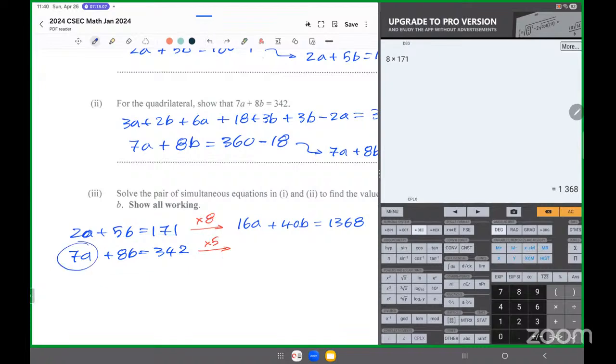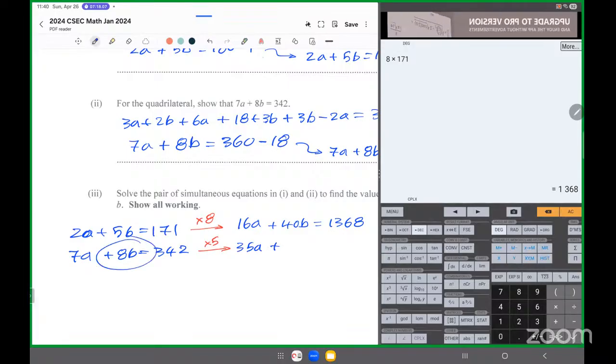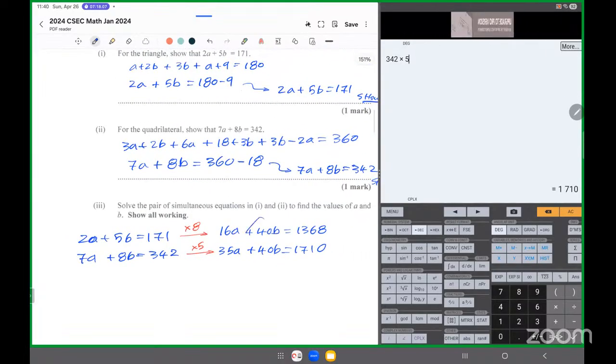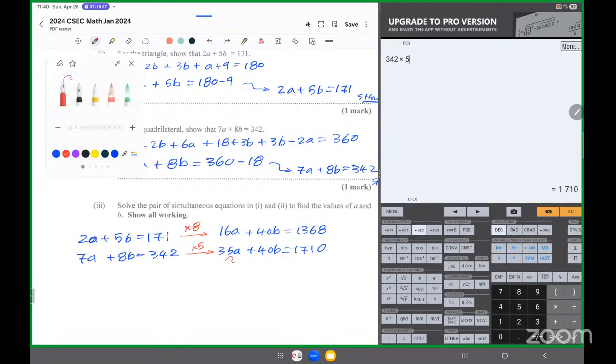Then this equation now, multiply this one by 5, so we can get the B value to be the same. So 5 times 7 is 35A, plus 40B, equals 342 times 5, which becomes 1710. Then to eliminate that 40B, you subtract the two equations because they have the same sign.